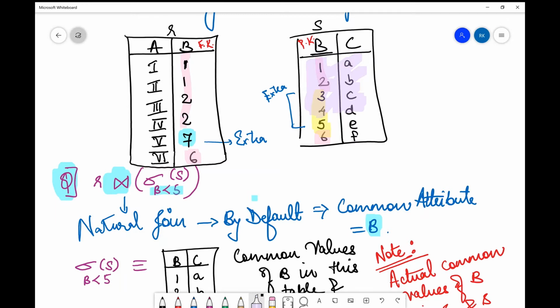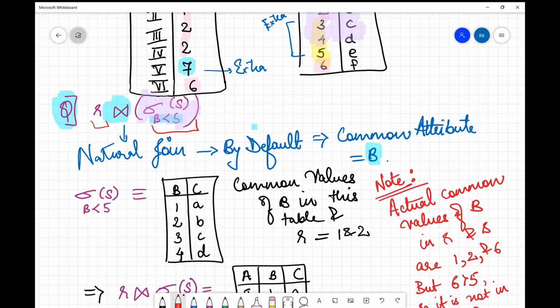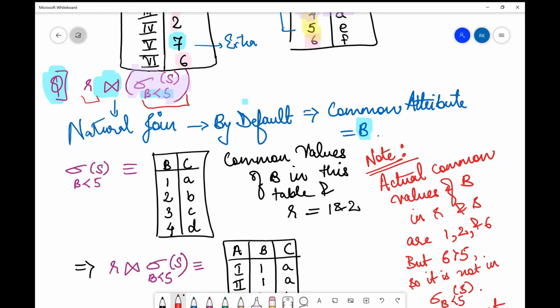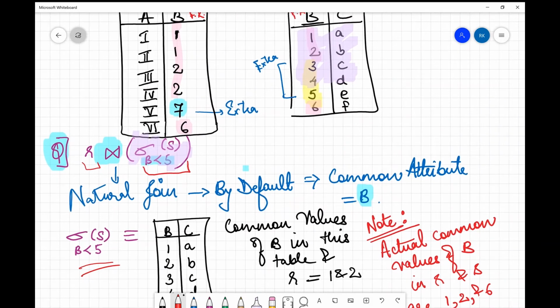Once we have the records which satisfy this condition, we have the schema on this right hand side which we are going to join with R, right? So I have written these records over here. Then, since this is a natural join, we are going to perform the join on the common values of B. The common values of B in this table and R are 1 and 2, you can check over here.